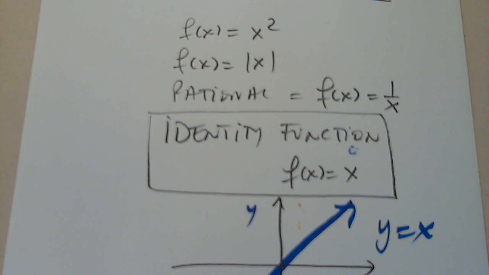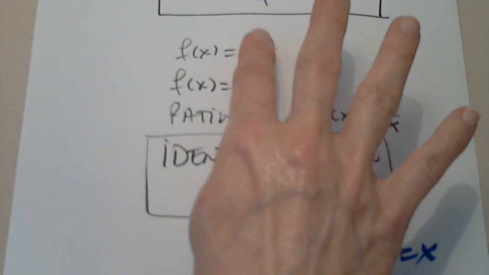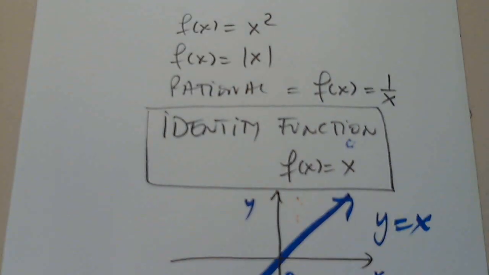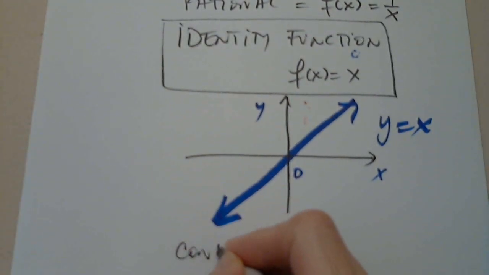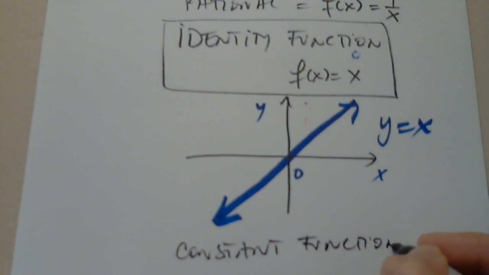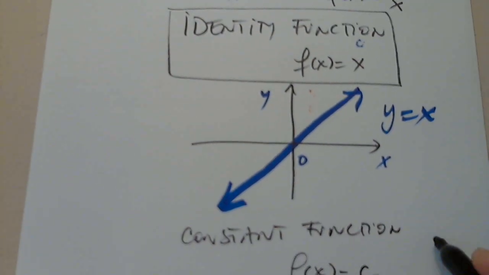Any questions? So we learned a lot so far, these two sections. How to graph, how to identify these functions, very important. Let me also add, if you want here, the constant function. f of x equals a constant, c.